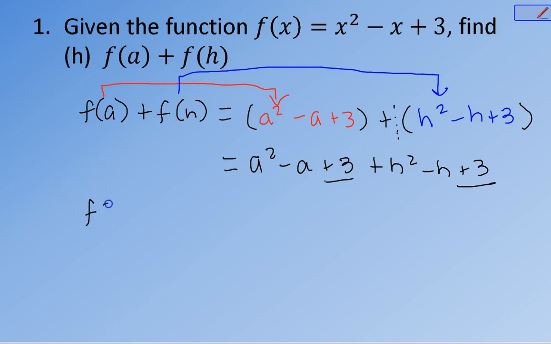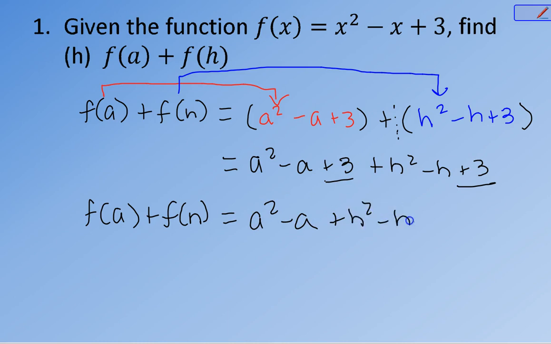So the f of a plus the f of h is equal to a squared minus a plus h squared minus h plus 6. And I don't really care about the order that you write it in. As long as you have all the terms and they have the right signs in front of them, you're good to go.